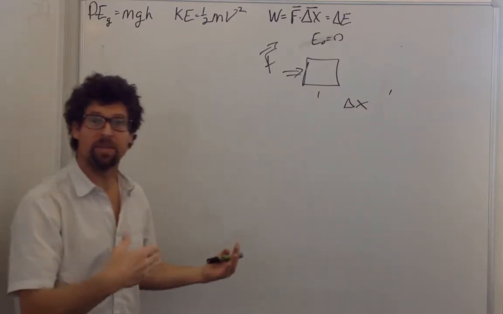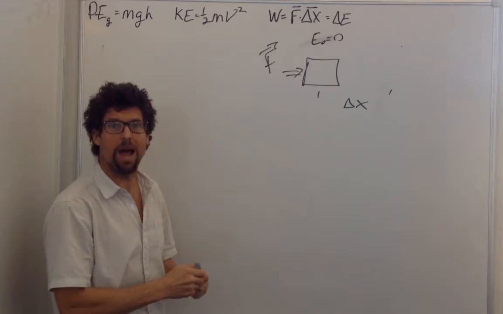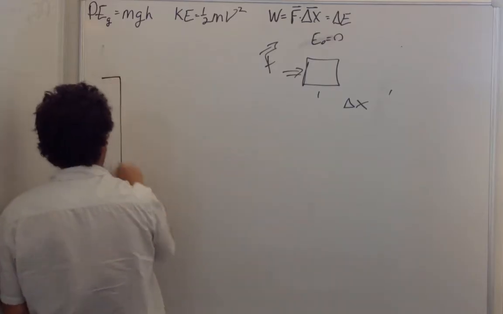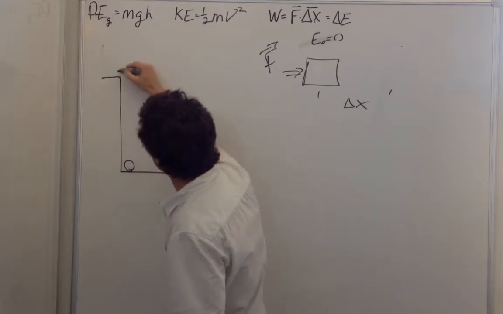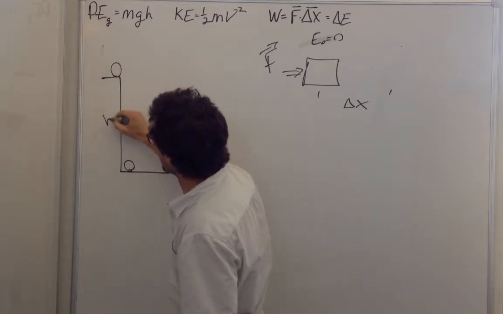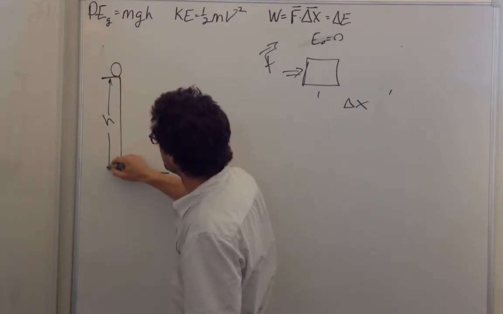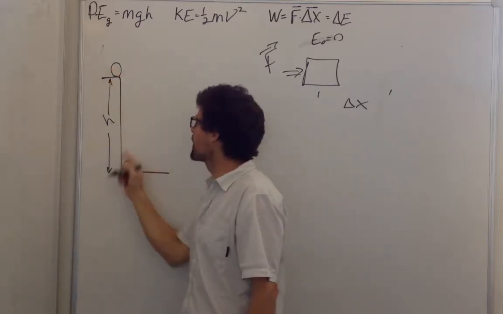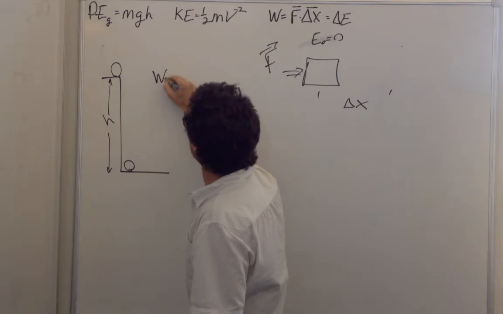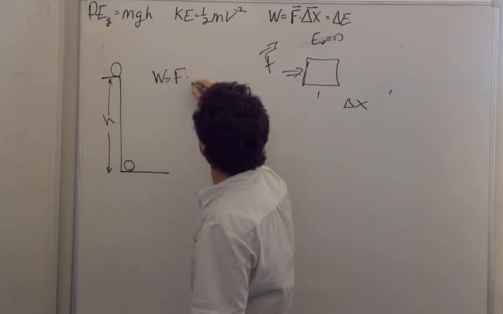How does this give us a potential energy of mgh for gravity? Well, let's take a difference of potential energy, let's say from here to up here, where we have some height difference h. In order to change this energy, I have to put some work in, which is going to be force times distance.